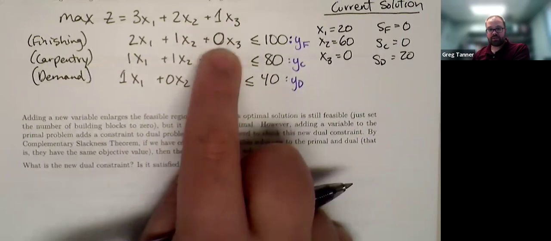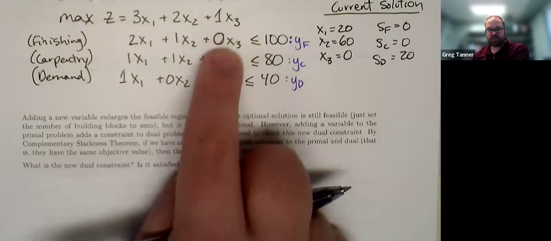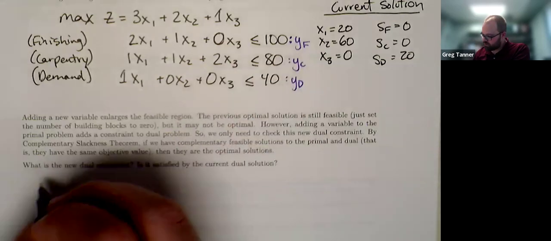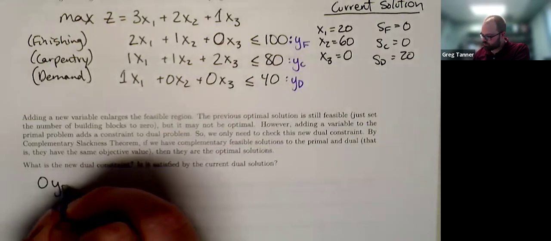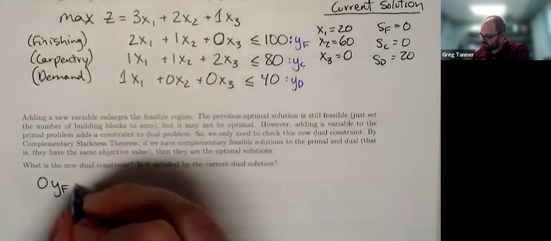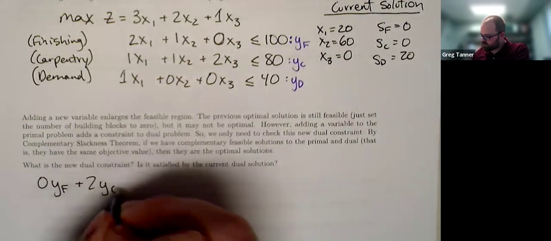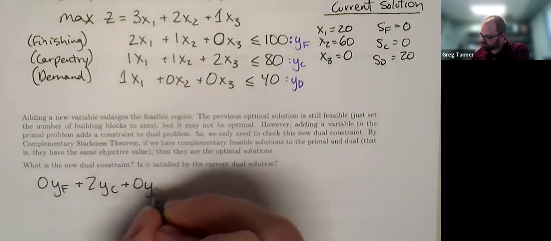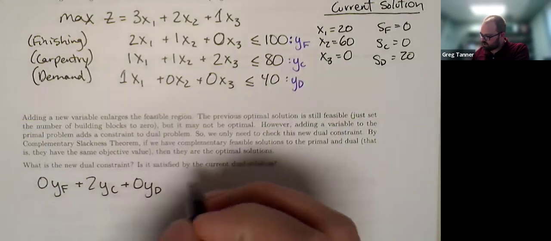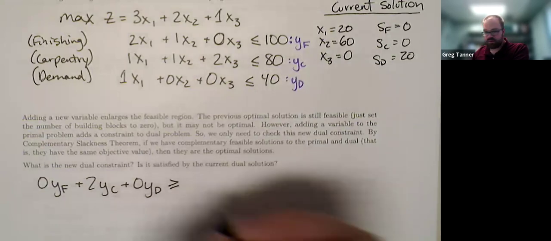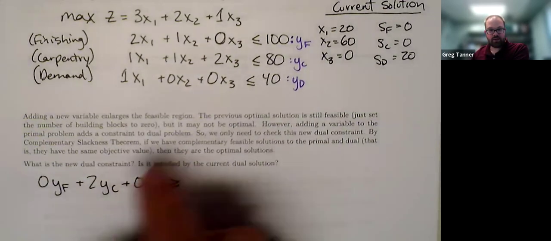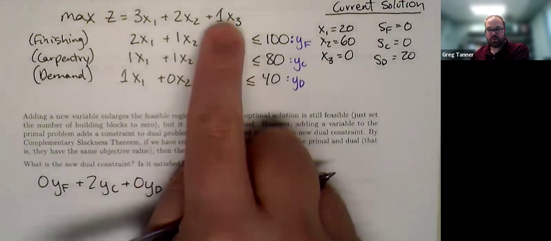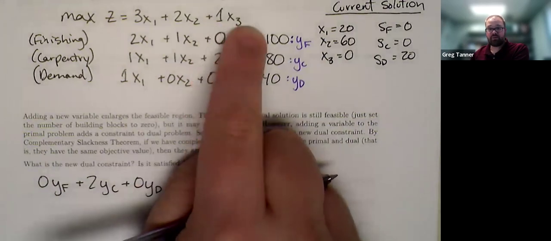And so we can essentially take these coefficients in here: 0 yf, 2 yc, and 0 yd. And this is going to be a greater than or equal to constraint, and that has to be greater than or equal to the objective value for x3.